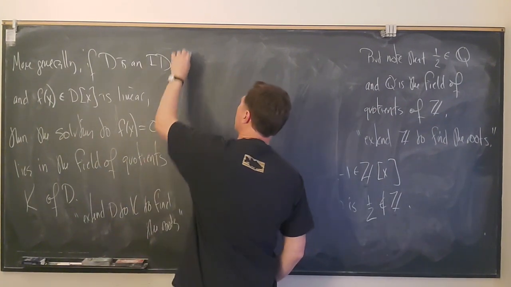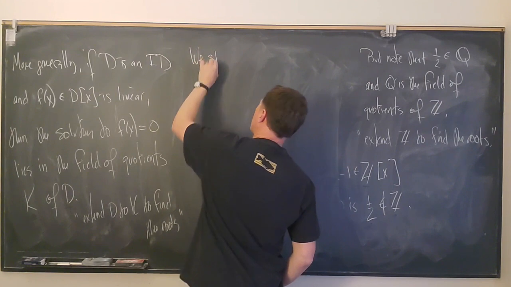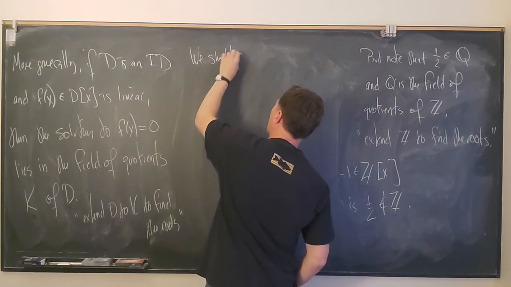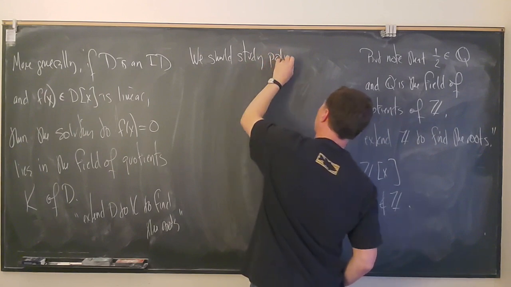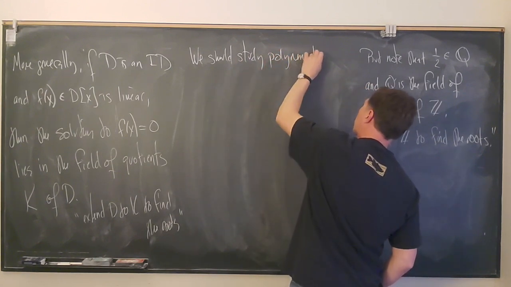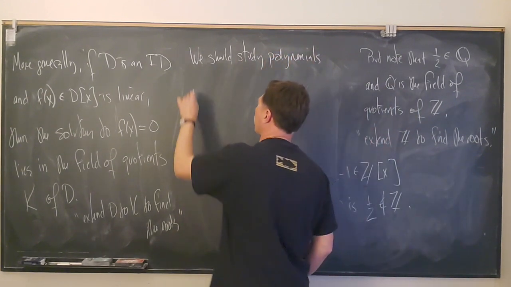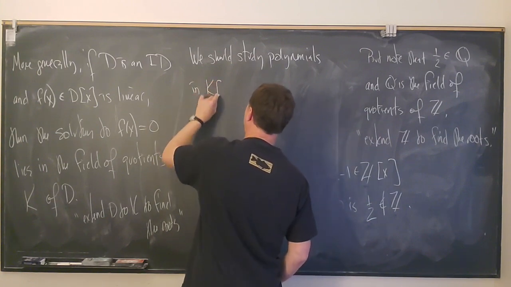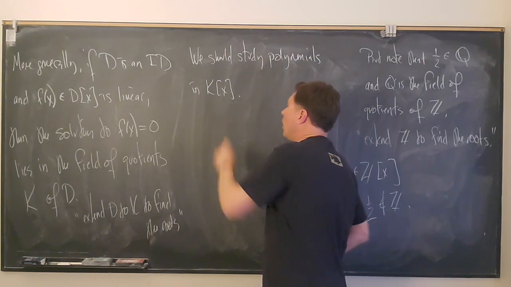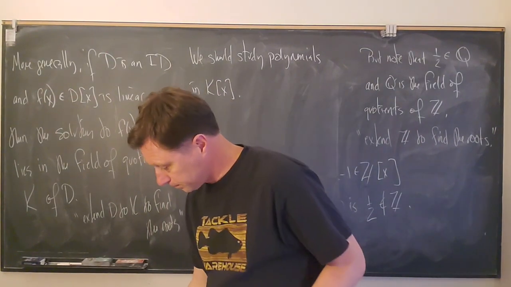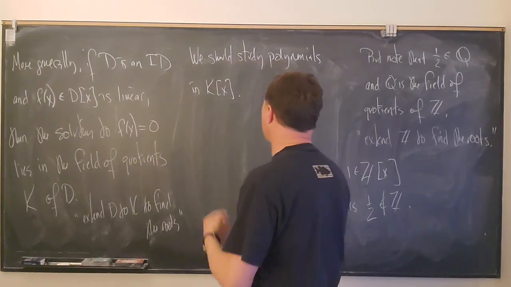This also tells us we should study polynomials in K bracket X, where K is a field. And then we move on to the next example.